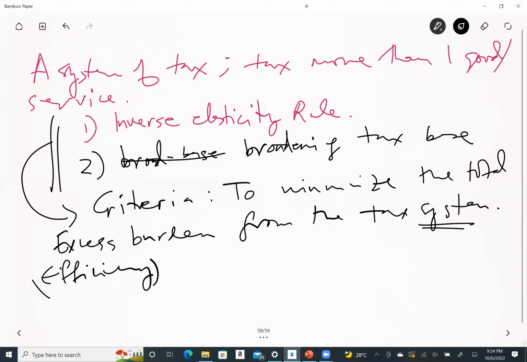Or like I said, tax system meaning what? Meaning you tax more than one good. So let's consider two goods, to make our life easier.